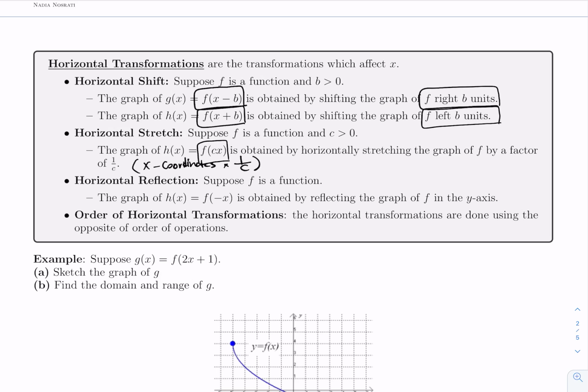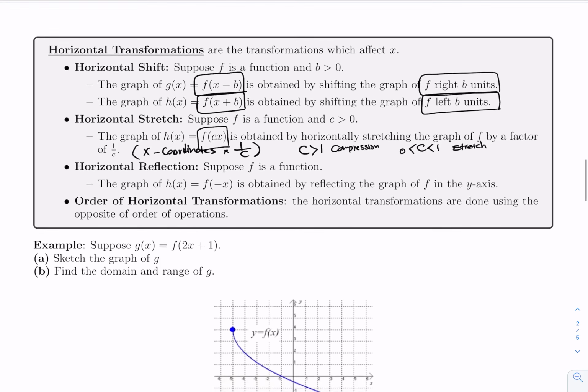It depends on c. If c is greater than 1, what you'll see is a horizontal compression. And if c is less than 1, then what you see is a horizontal stretch. Let's just keep it simple and call them all a horizontal stretch by a factor of 1 over c.